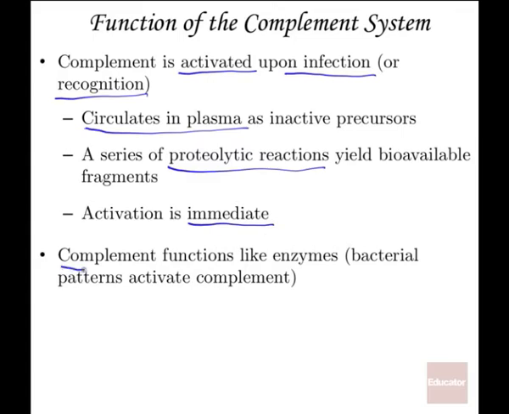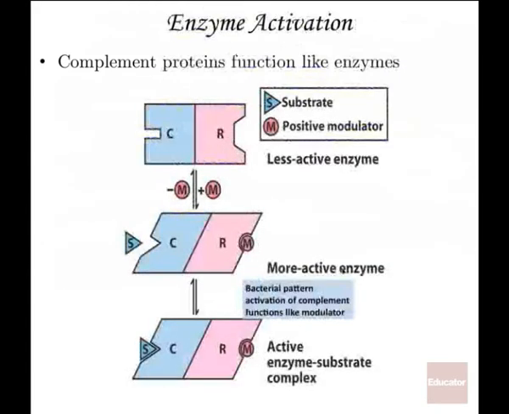And the way I like to teach about complement is to also talk about enzymes, because they work very much like enzymes. We know, for instance, that enzymes are proteins, and enzymes are very specific, and they only become activated in the presence of certain patterns. So here is a picture of an enzyme, and when it's inactive, it's basically inert.